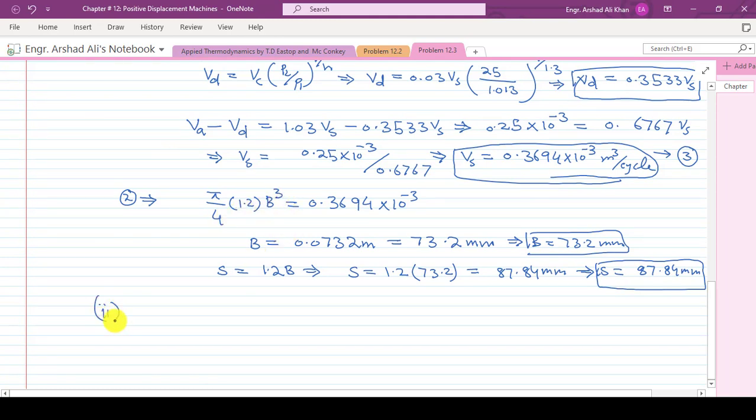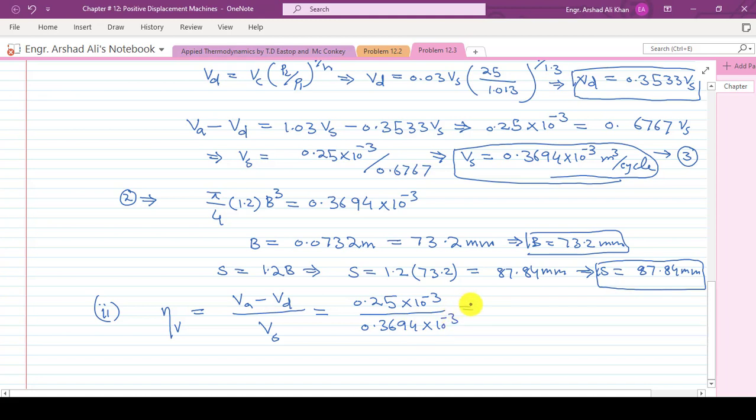Now second, we have to find volumetric efficiency. So for that we have expression, that is VA minus VD divided by swept volume. We know the value of VA minus VD, that is 0.25 into 10 raised to power minus 3 divided by swept volume, that is 0.3694 into 10 raised to power minus 3.